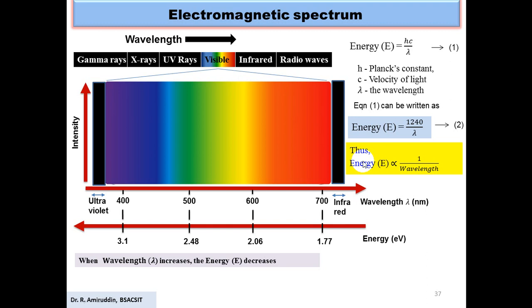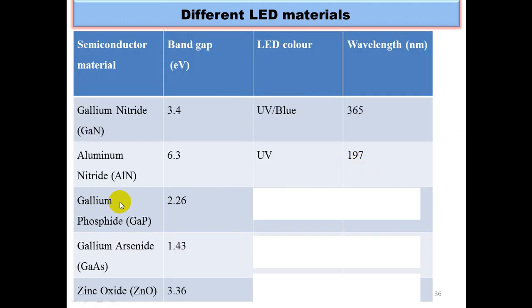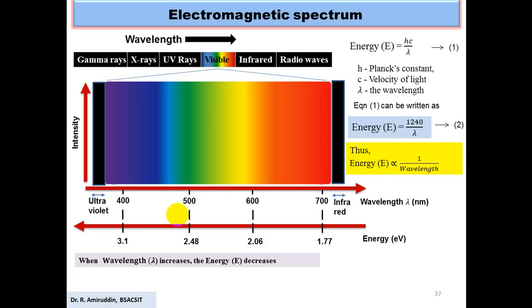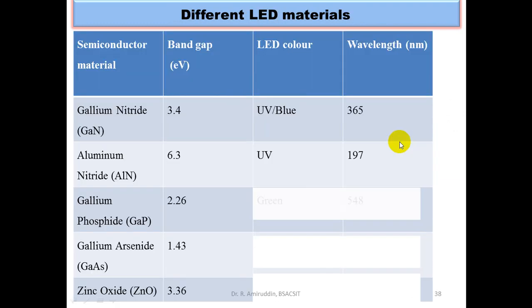So let us see once again the example where gallium phosphide. So gallium phosphide has the band gap of 2.26 electron volt, and let us substitute over here. 2.26 lies around this region, somewhere around the greenish region, and 2.26 when we substitute in terms of equation number 2, and if you find the lambda, so lambda is equal to 1240 divided by 2.26, which gives you 548 nanometer, and that corresponds to green emission.